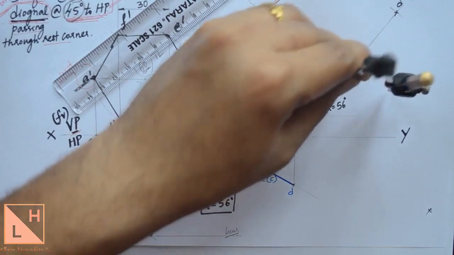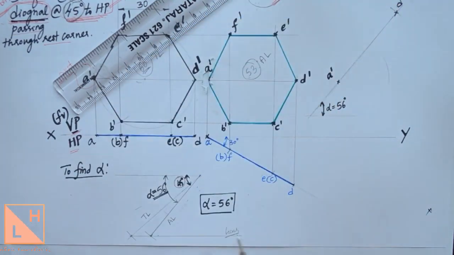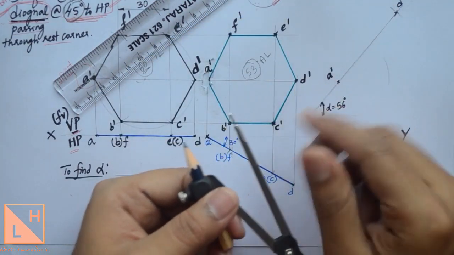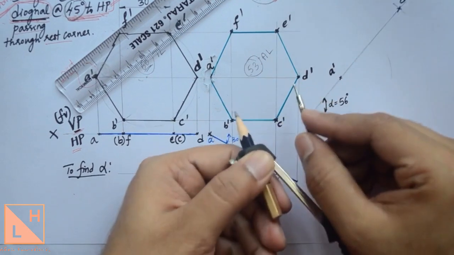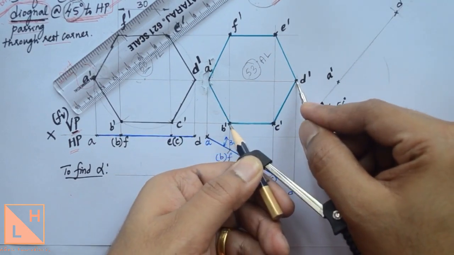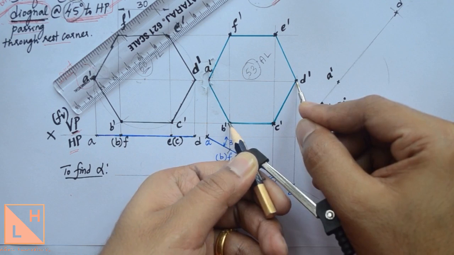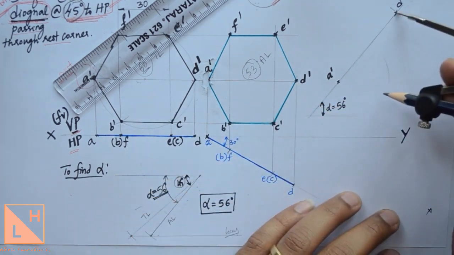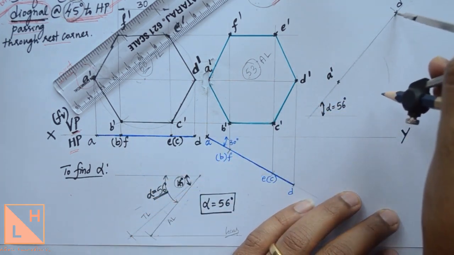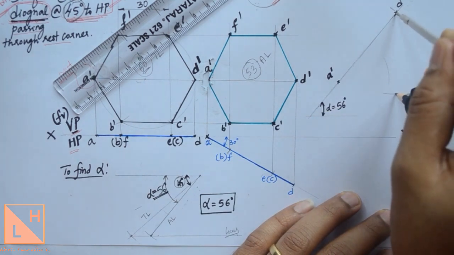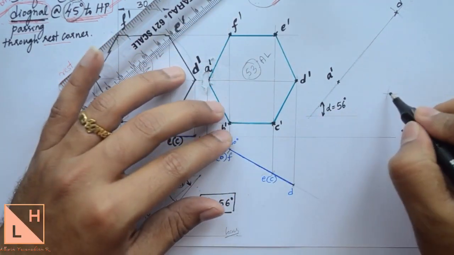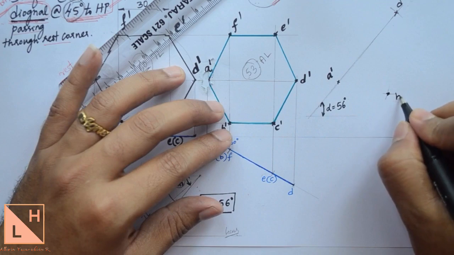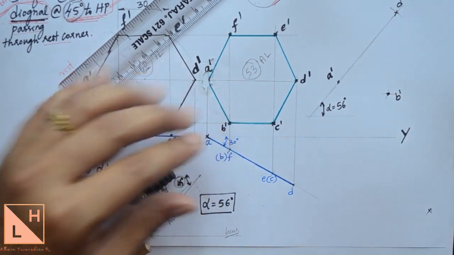So measure from A dash to B dash, cut one arc, and the next measurement you are supposed to take should be from the other point that is known. Here it is D dash that is known. So take the measurement from D dash to B dash and cut the arc from D dash till it intersects here. So this intersection will be the new point B dash.